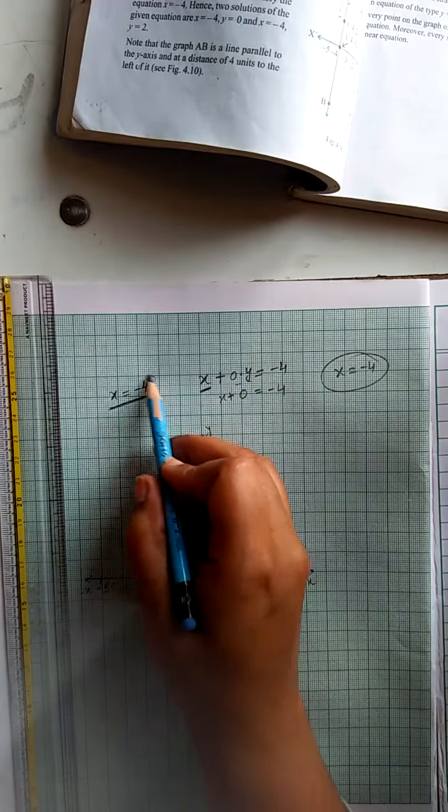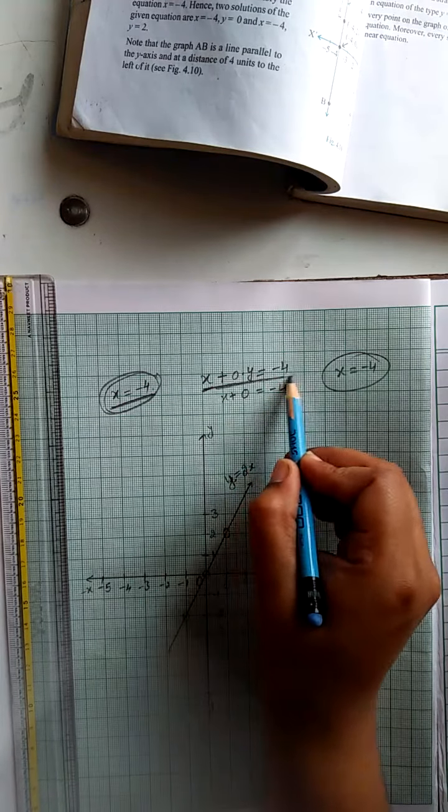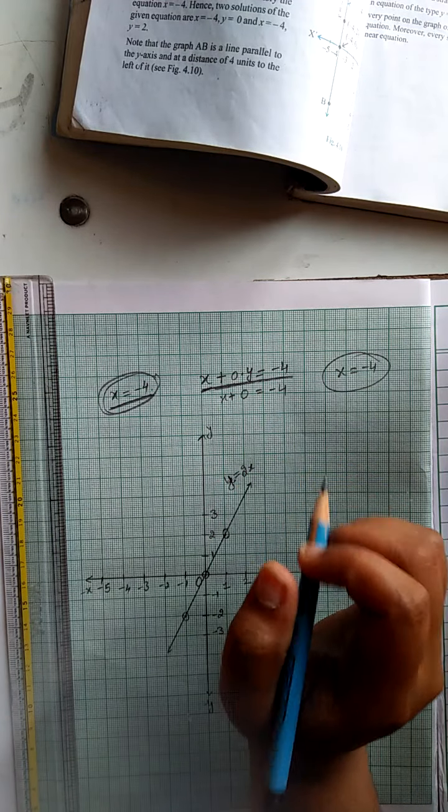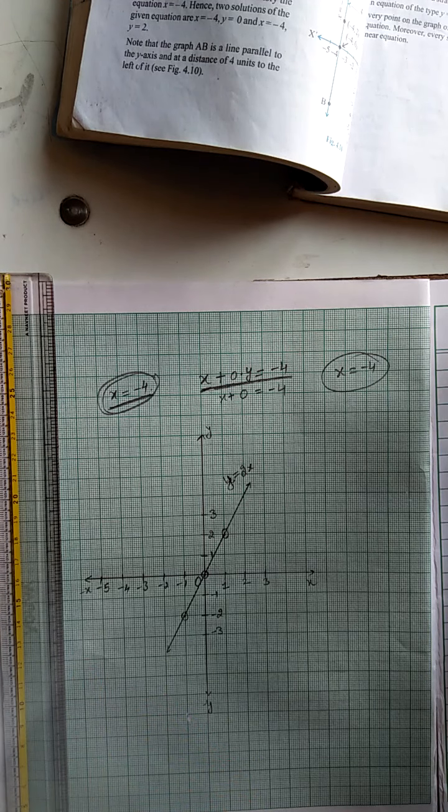So that's why we can write x is equal to minus 4 as x plus 0 into y is equal to minus 4. Okay, so now we represent it on the graph. Clear? So as you see, the value of x is minus 4 and y is 0.